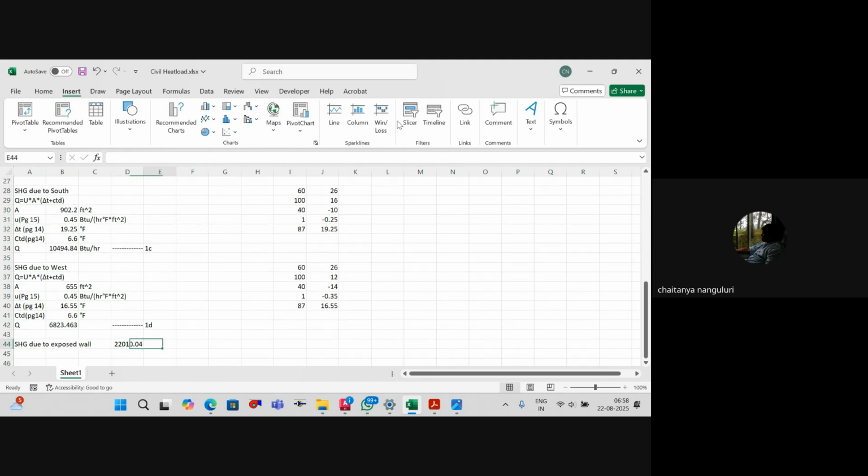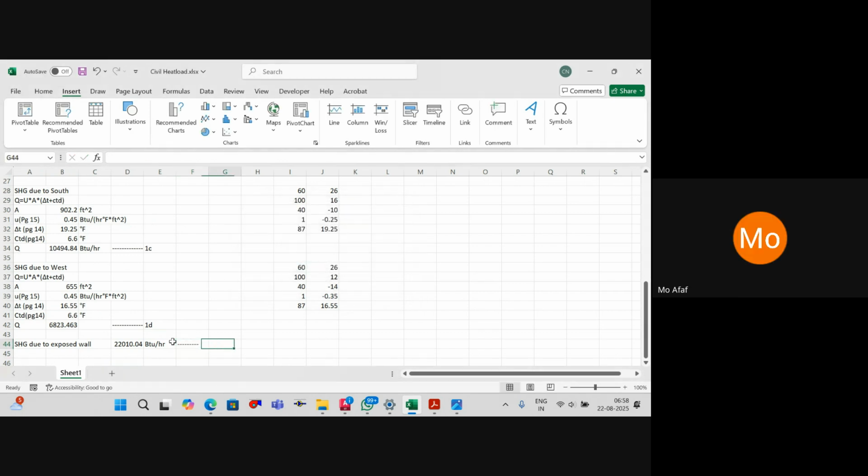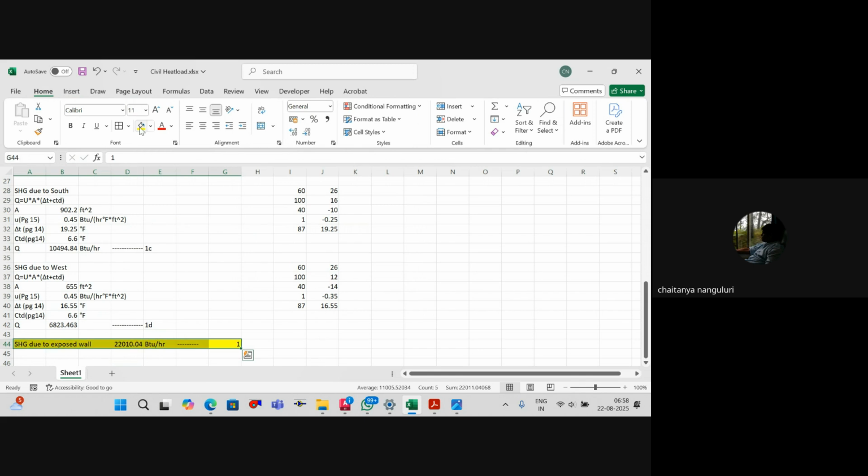So if we add all the four directions, that will be your main equation. Understood or not? Yes, sir. Okay, I'll mark this as equation one. I'll just highlight it for my ease. This is one of the equations that we will use later, which is equation one. Am I clear?